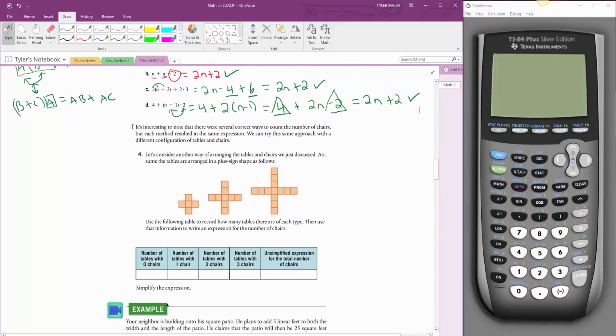So we just got a blurb to read in the text. It says it's interesting to note that there were several correct ways to count the number of chairs, but each method resulted in the same expression. We can try the same approach with a different configuration of tables and chairs. Basically what the author is saying is that, given the same problem, someone could think about it four totally different ways and still be correct.